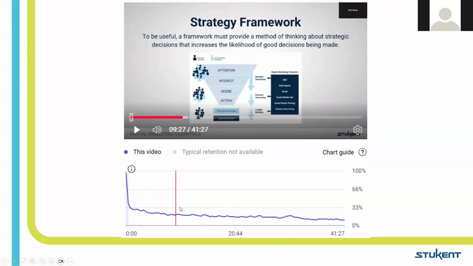The line would tell you what that retention rate is. And you could do that all the way to the end. And if you wanted to see what part of the video they were at, you could use the video player itself to set a certain time.